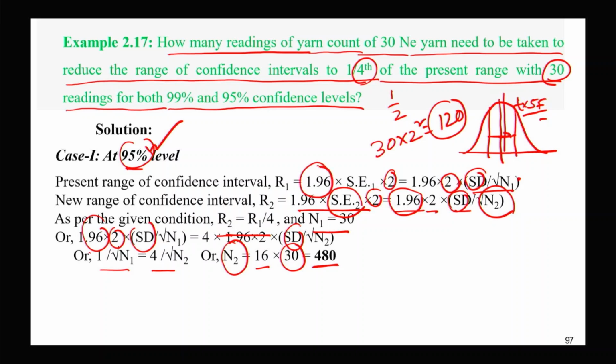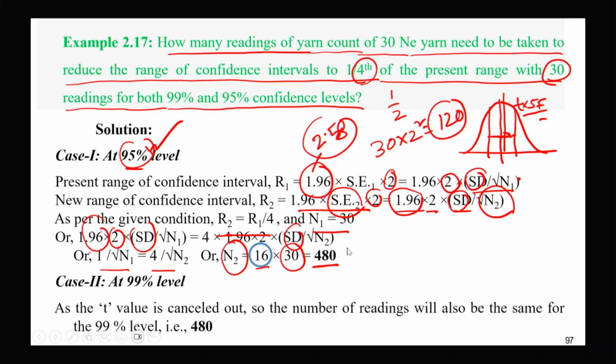Now coming to the 99% level, the things will be exactly the same, only the difference is that at the 99% level the t value is 2.58, and as it is 2.58, this will get cancelled out using the same formula. Effectively we should get the same result.